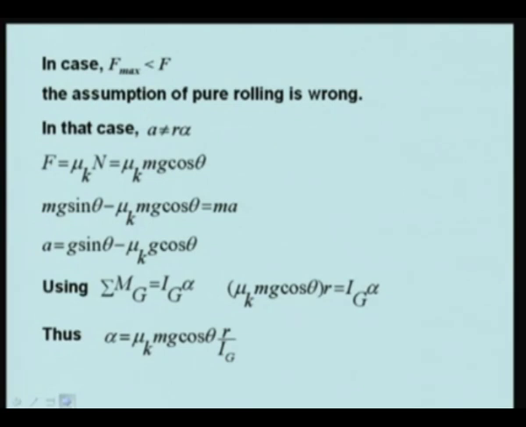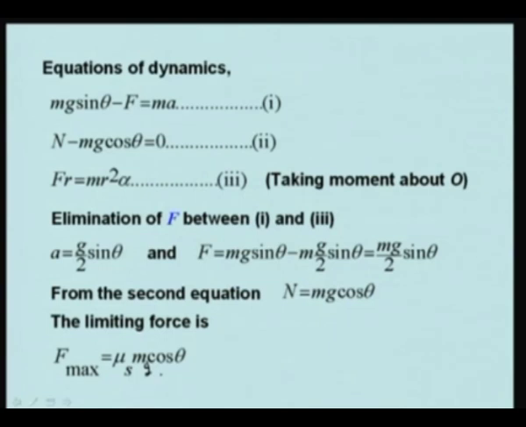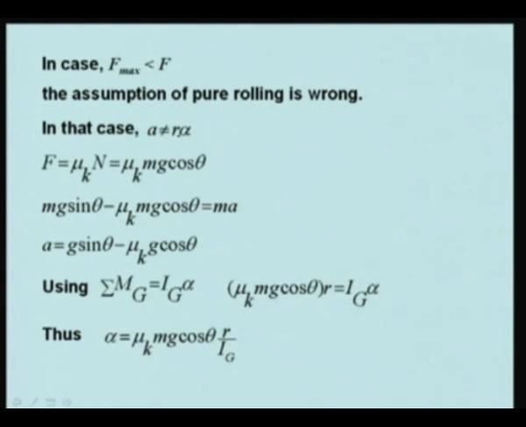Suppose F max is mu s mg cos theta, and because this is the maximum possible value, if it comes out smaller than the required force, then a will not be equal to r alpha, and you will get F is equal to mu k times N. You still have the relation between the force and the normal reaction, that is mu k mg cos theta. Now you put this in the first equation: mg sin theta minus mu k mg cos theta is equal to mass times acceleration, and in this case the acceleration will be g sin theta minus mu k times g cos theta.